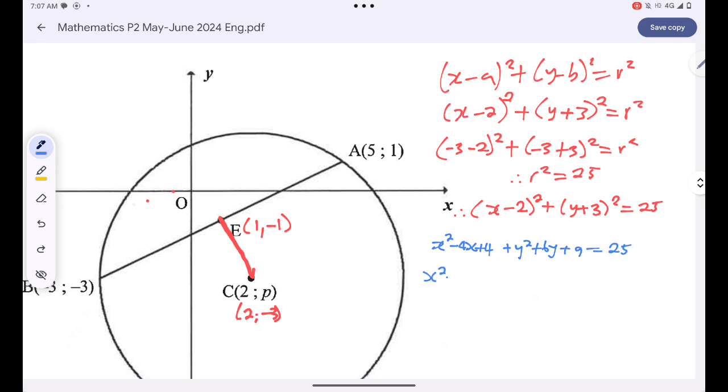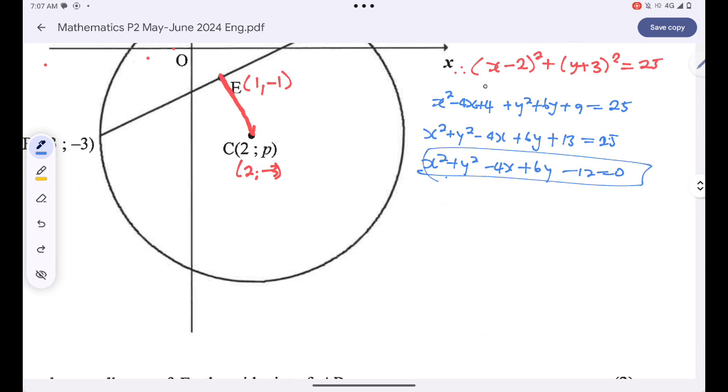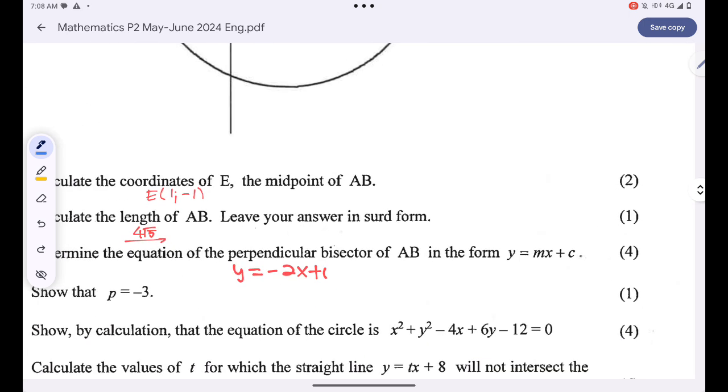So you have x squared plus y squared minus 4x plus 6y plus 4 plus 9, which is basically 13, is equal to 25. And then just bring the 25 to the other side. You'll simply have negative 12 over there. So this equation represents the equation of my circle. And now I've proven that the equation of the circle is equal to this, because I was asked to prove.